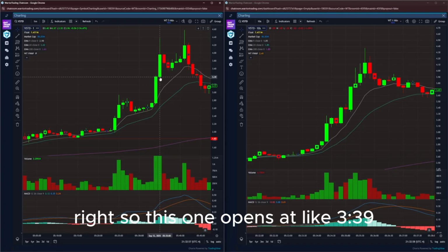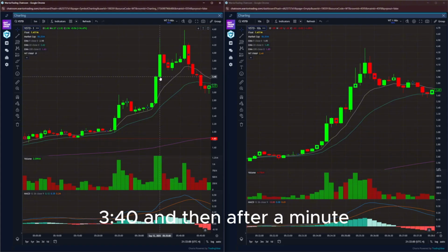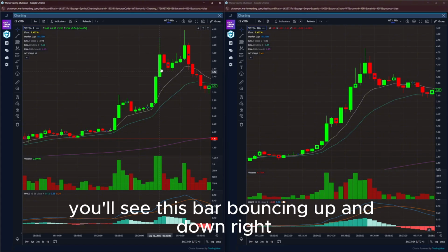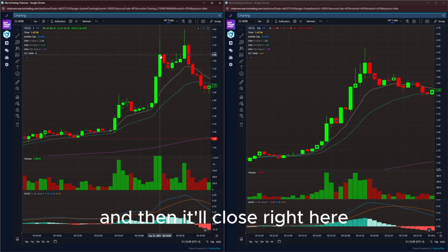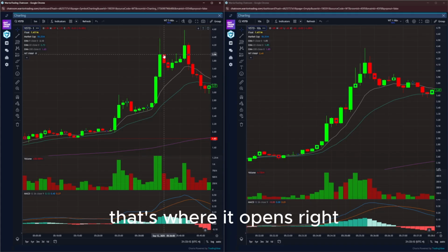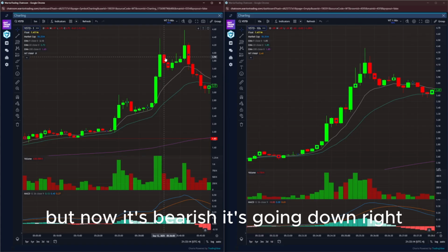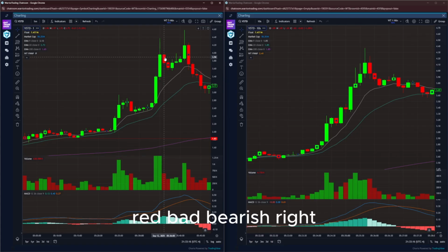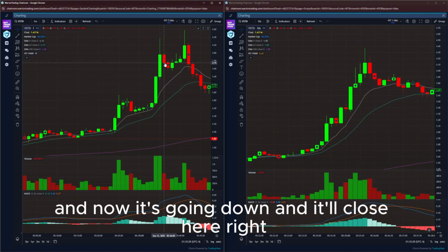So this one opens at like 339, 340, and after a minute, there's a bunch of trading. You'll see this bar bouncing up and down, and then it'll close right here at 395 or 396, and that's where the next one opens. But now it's bearish. It's going down. Red, bad, bearish.